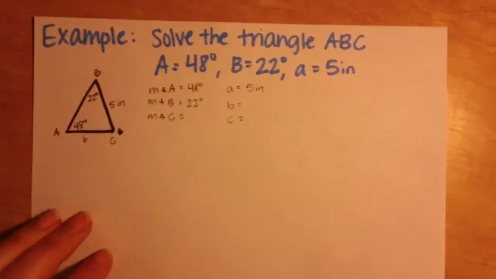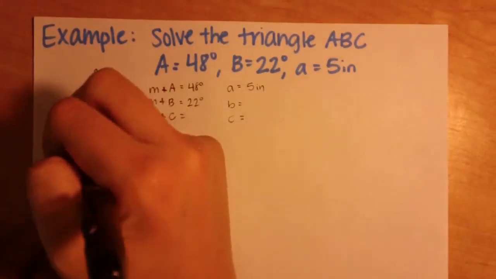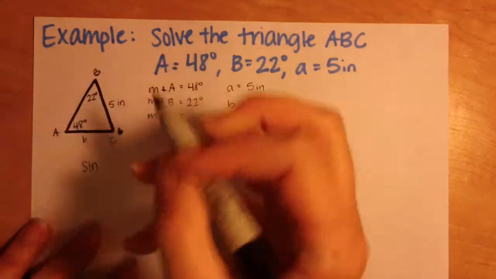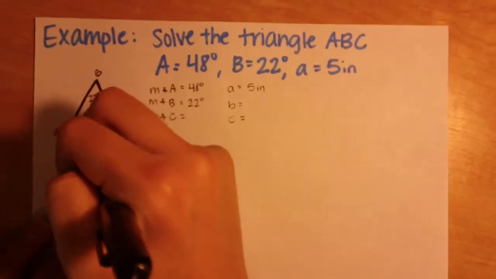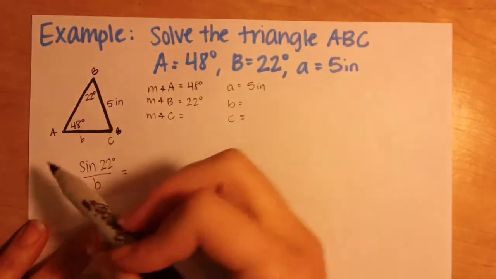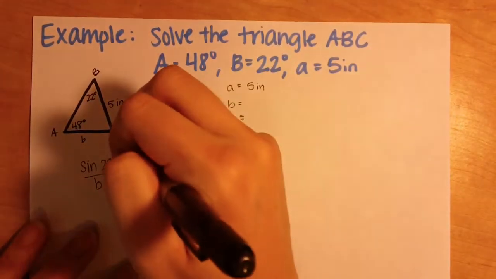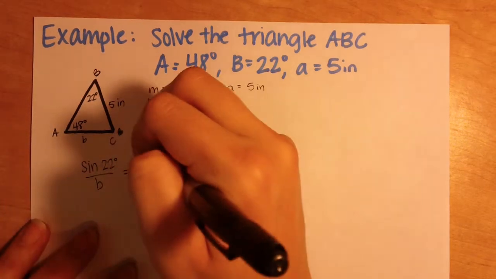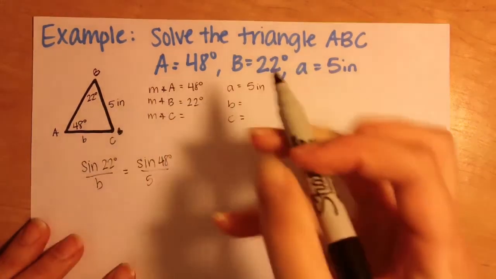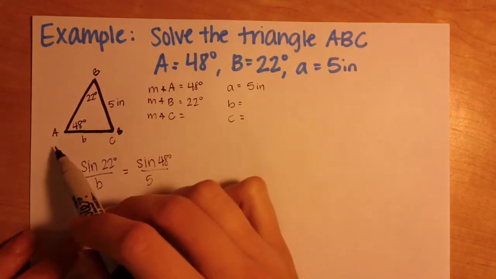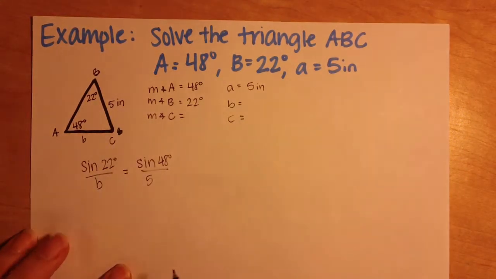The way we use our law of sines is we say the sine of B, which is 22 degrees, over side b equals the sine of what is given, the sine of 48 degrees over 5. So this is using sine of A over side a.